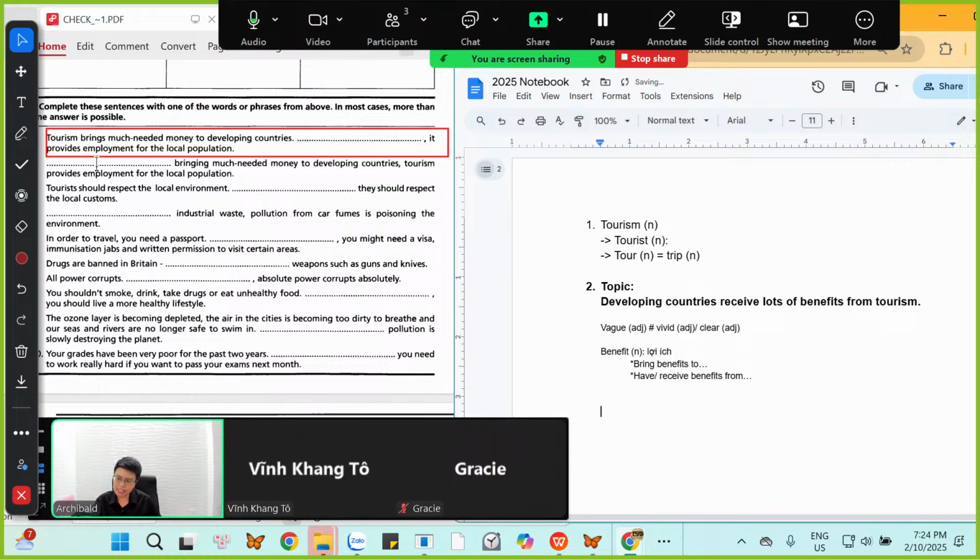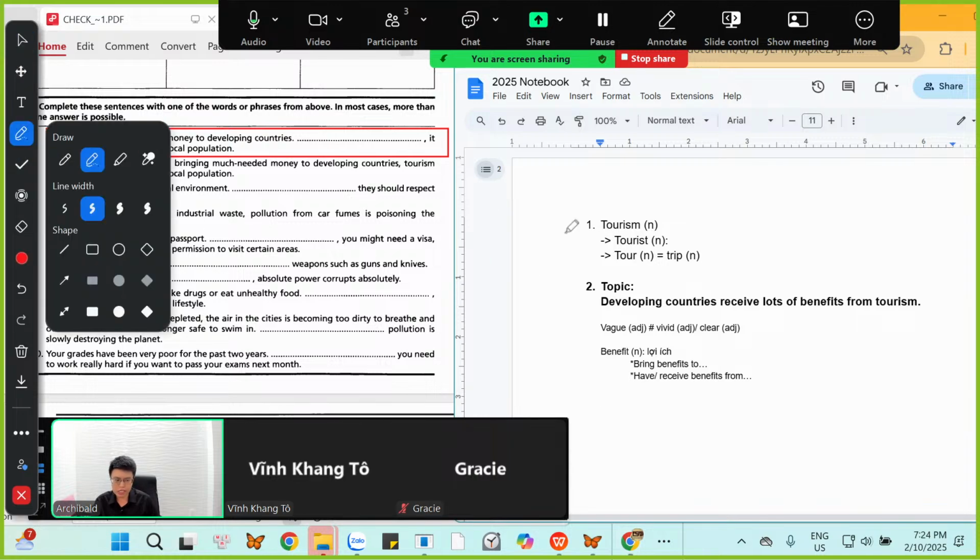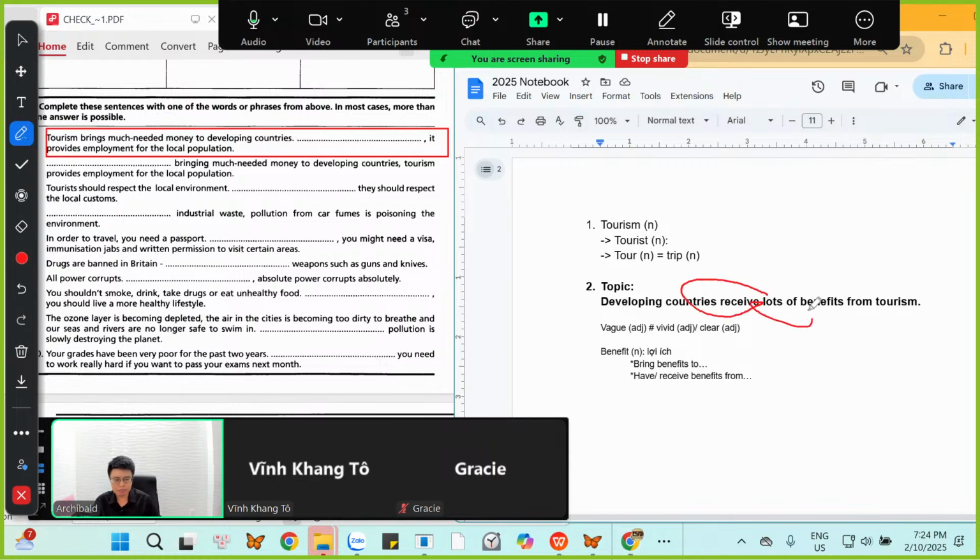For example, you can say that developing countries can receive lots of benefits from tourism. Instead of using lots of, you can use the word like various, plentiful, or numerous, something like this. And instead of using the actual verb receive benefits, you can say that beneficial.